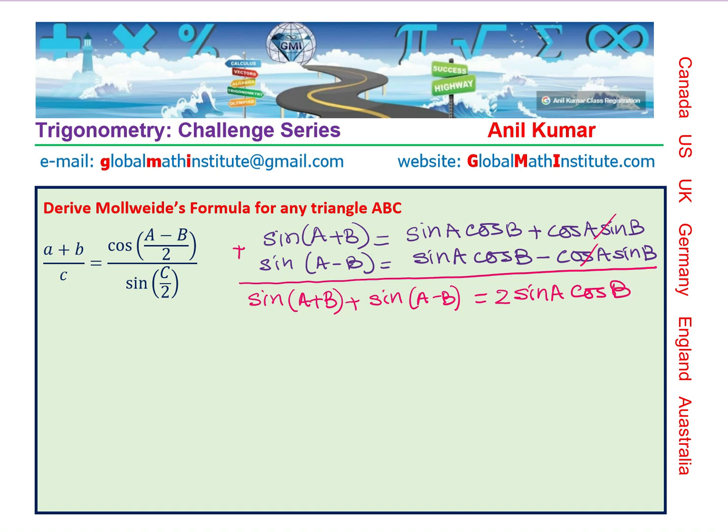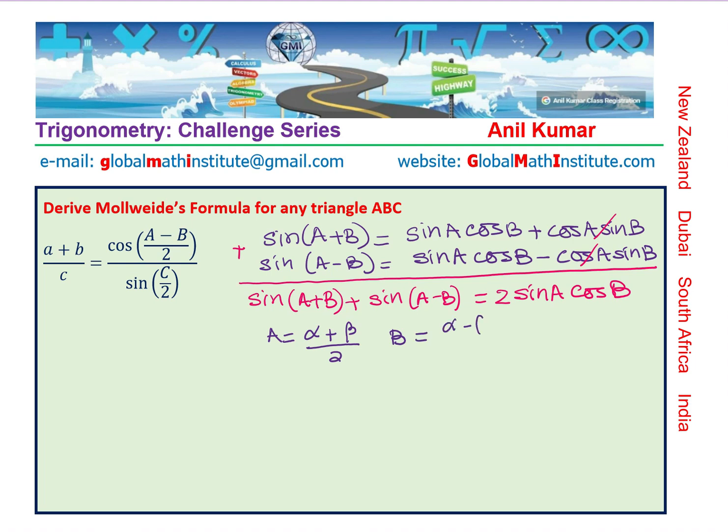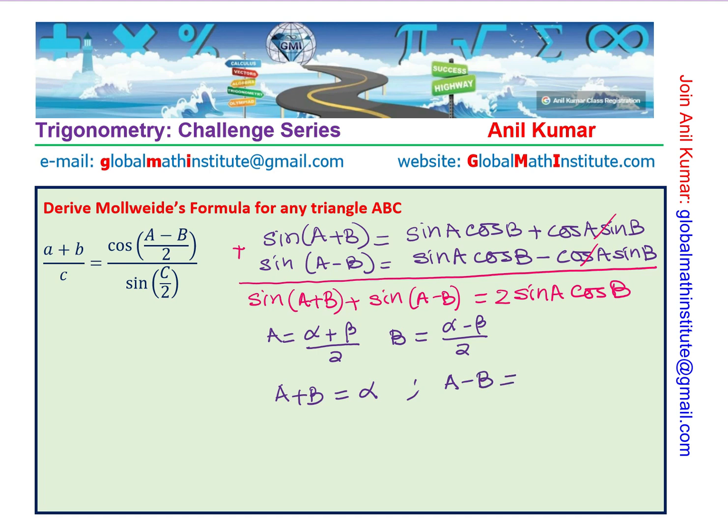Correct? Now here is a small substitution which will help us get our formula. If I write A equals alpha plus beta by 2 and B equals alpha minus beta by 2, in that case, what is A plus B? When you add them up, you get 2 alpha by 2, basically alpha. And similarly, A minus B will be equal to beta. You see that?